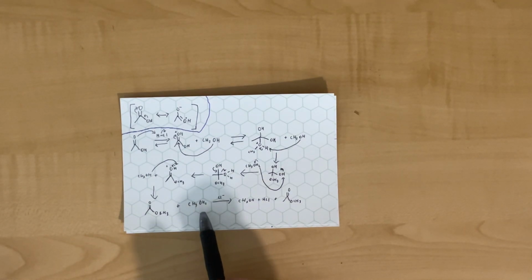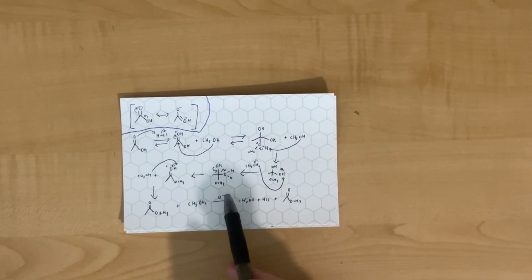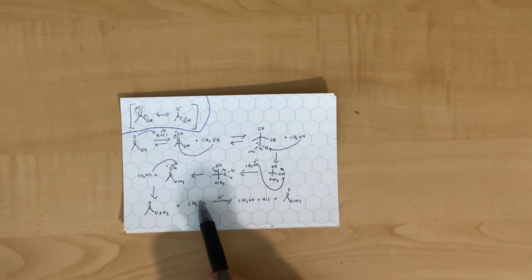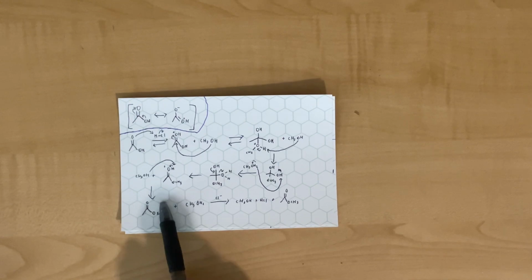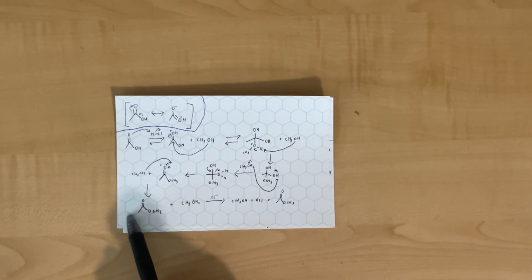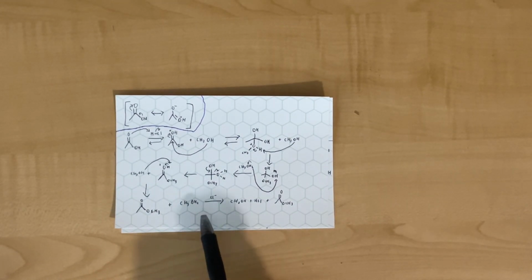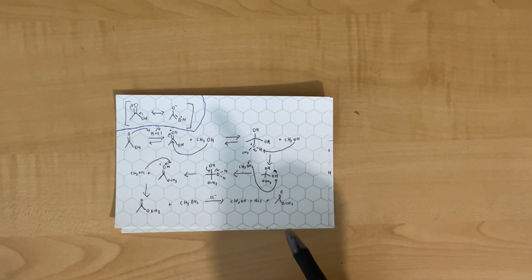But I want to talk about how we actually regenerate the original reagents, which is the hydrochloric acid in this sense and the alcohol component. Okay, so again, we're done here in the sense that this is the ester, which is what we wanted. And then now all we're doing is we're just regenerating the reagents.